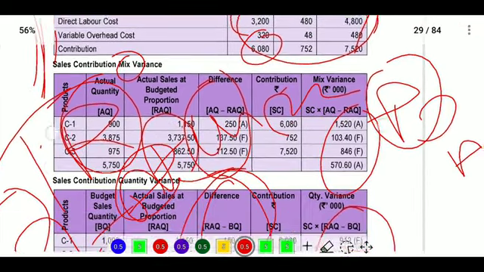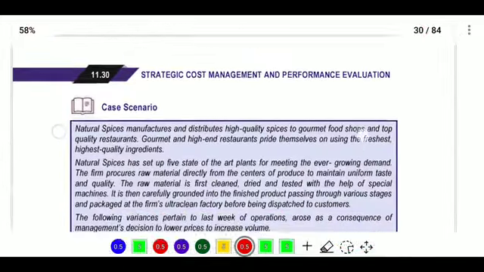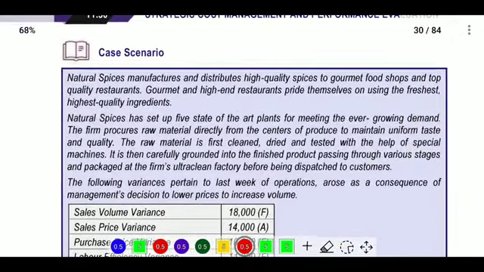So next question. There is one case scenario. In the case scenario, what have they provided now? Natural Spices manufactures and distributes high quality spices to government food shops and top quality restaurants.